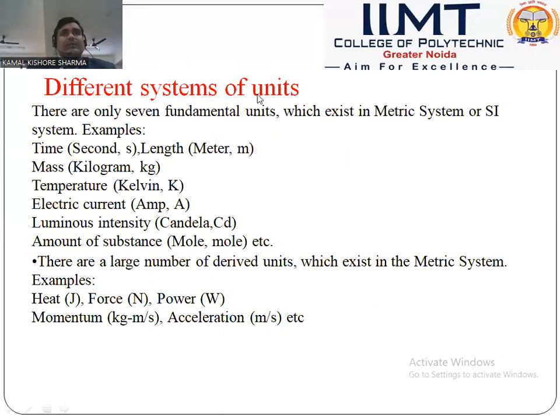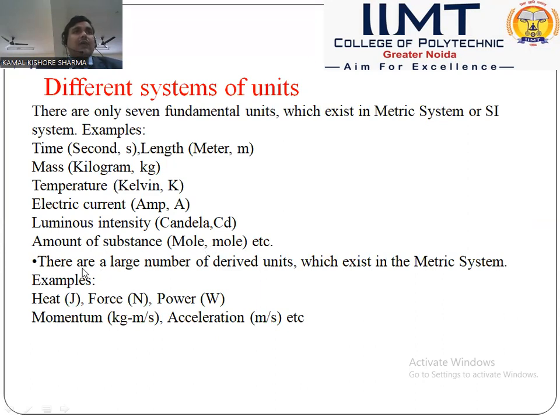So here are some SI units, the metric system. Time is measured in seconds, length in meters, mass in kilograms. So all these are SI units. Temperature is in Kelvin, electric current is measured in ampere, luminous intensity in candela, amount of substance in mole.